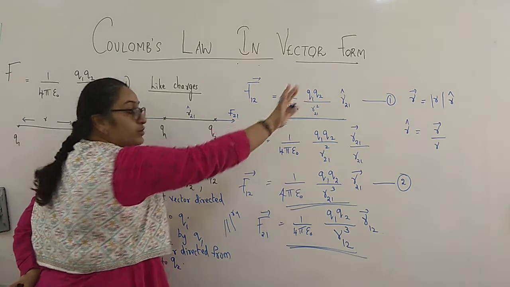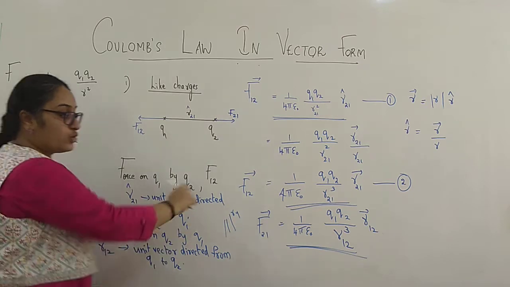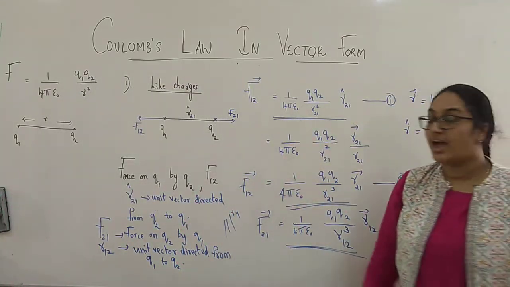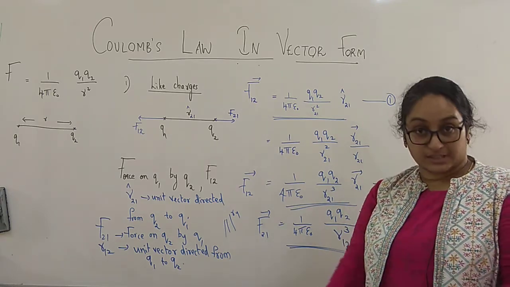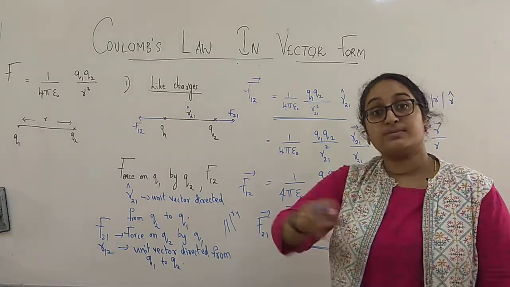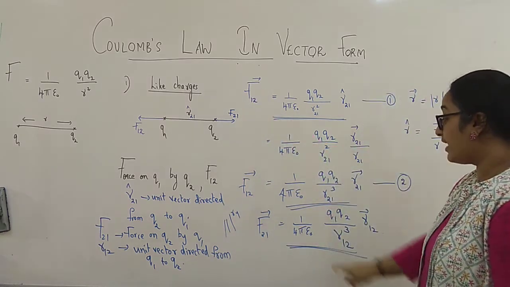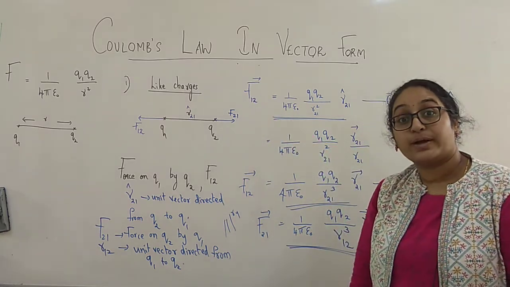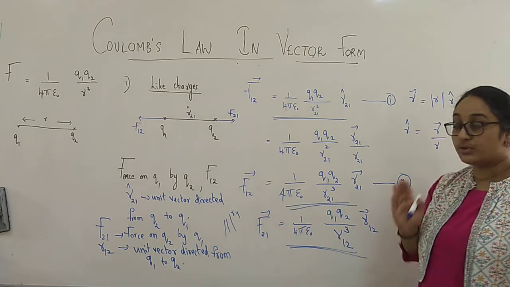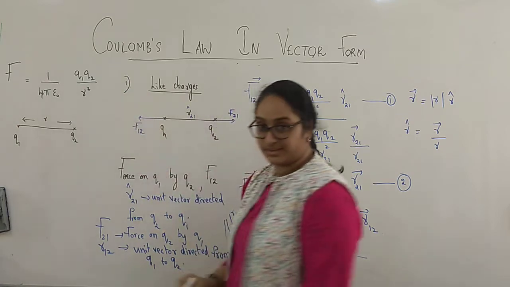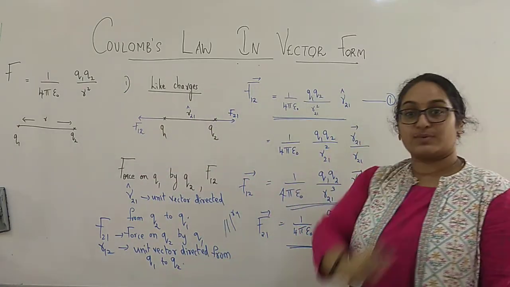See, Q1 to Q2. This is the direction of F21. So here, what have I done? I have written Coulomb's law in vector form for F12 and I have also written for F21. As I told you, I repeat, there's no change in the magnitude. It's only the directions which have changed.